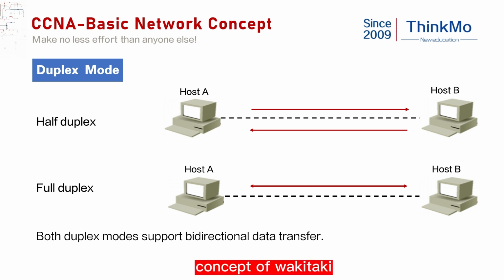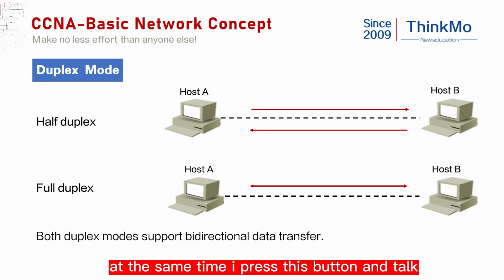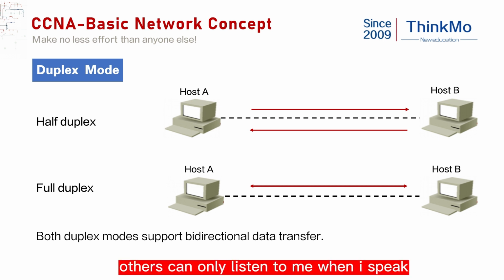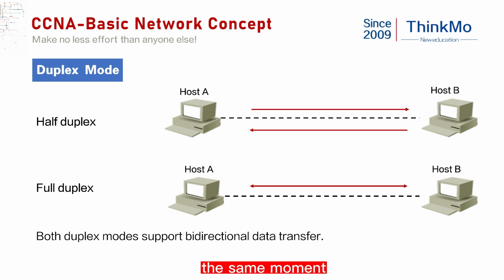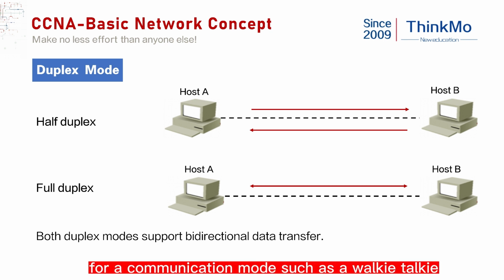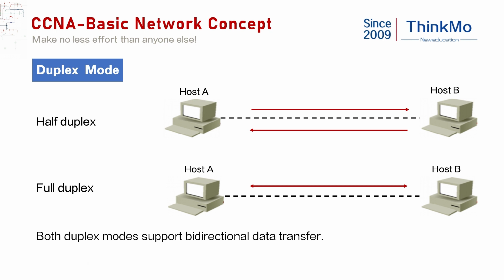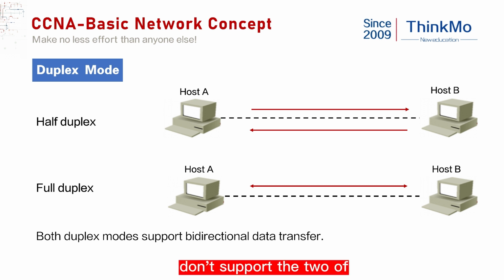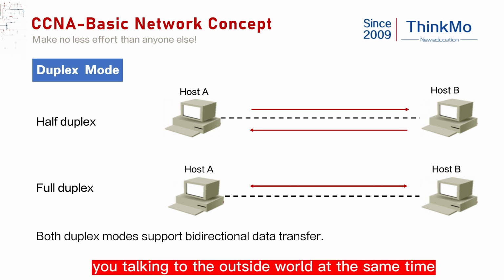What is a walkie-talkie? At the same time, I press this button and talk, I'll take up the entire channel. Others can only listen to me when I speak. For a communication mode such as a walkie-talkie, you can't talk to two people at the same time.